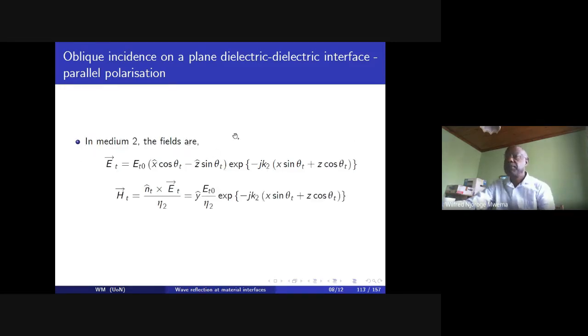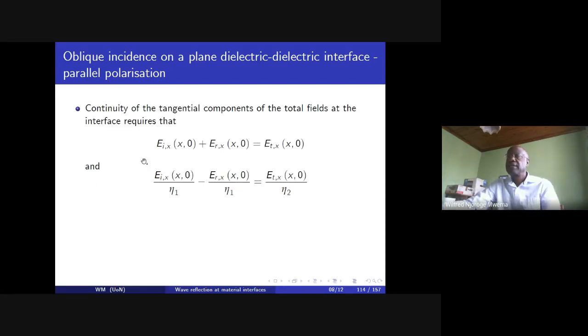So in medium 2, the fields are then given as that, and now our work starts, that of balancing the field components.